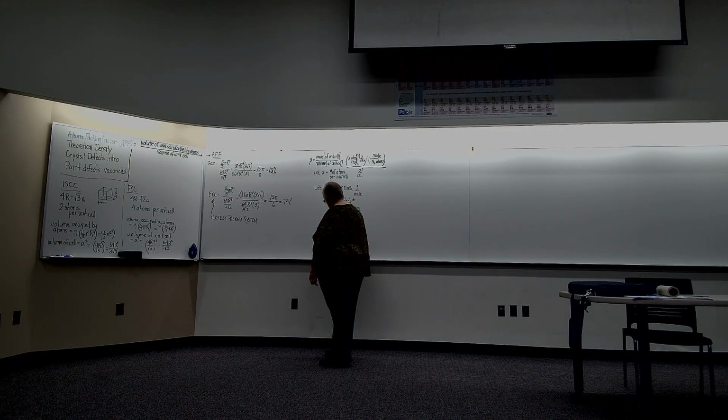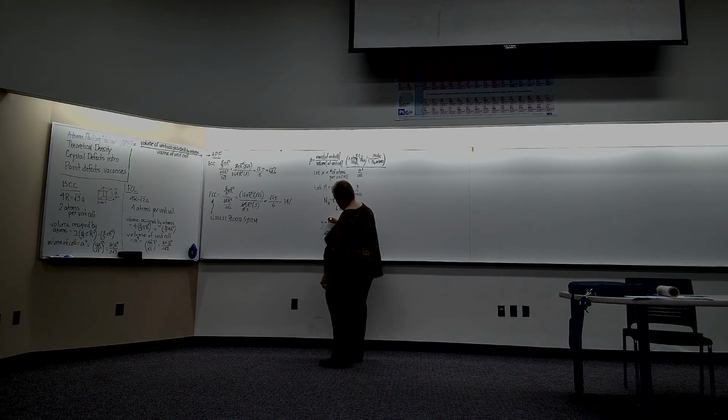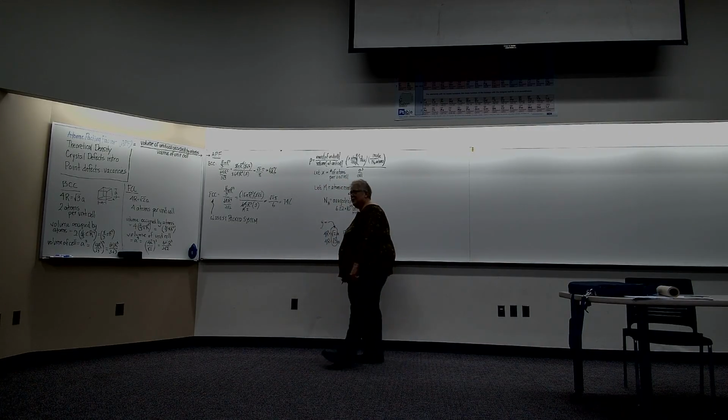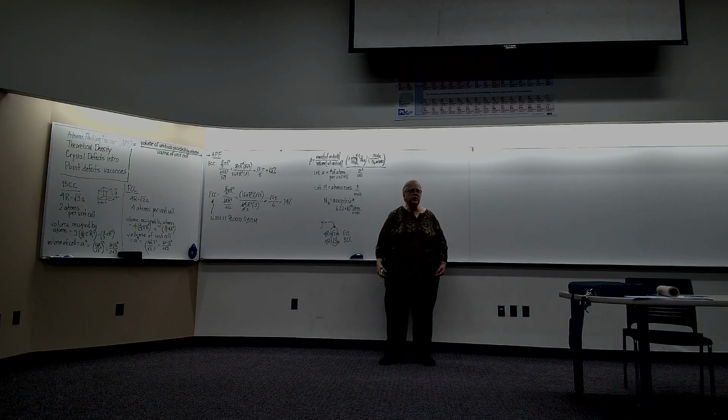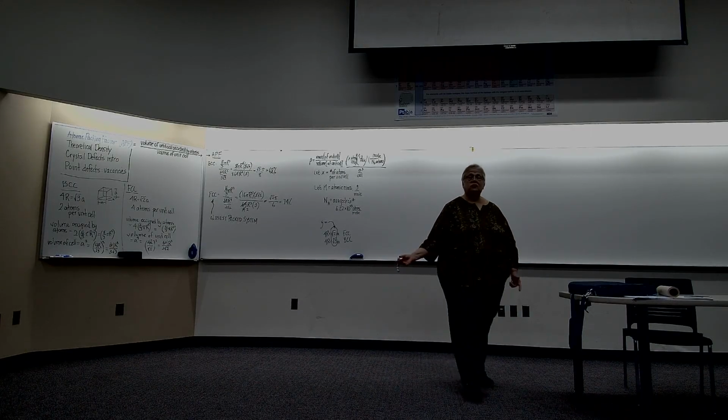For FCC, 4R is equal to the square root of 2 times a, and for BCC, 4R is equal to the square root of 3 times a. The volume is a cubed. So let's make this number square root of 2 or square root of 3. That's going to be what y is. I want an equation that works no matter what the crystal structure.